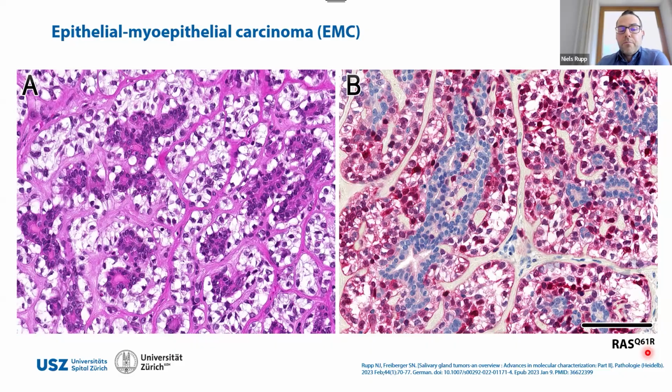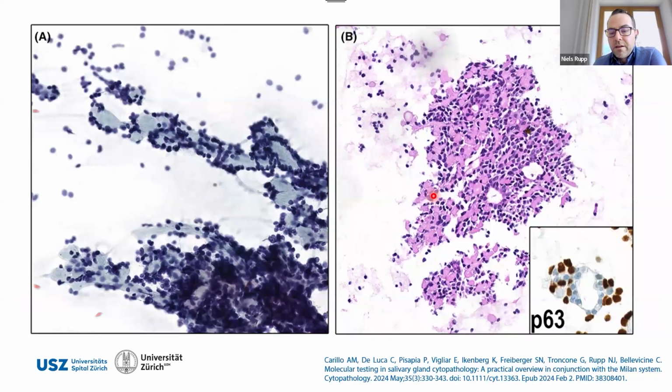So you cannot predict per se which RAS is altered here. But together with the biphasic morphology and the usually spared inner epithelial ductal layer, this is very characteristic of epithelial myoepithelial carcinoma. Here's another case of an epithelial myoepithelial carcinoma.